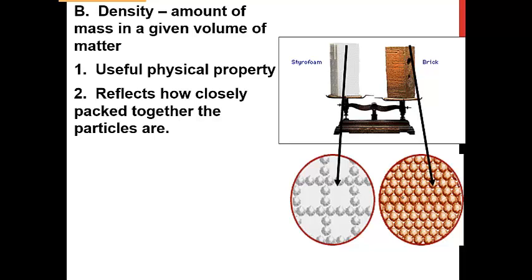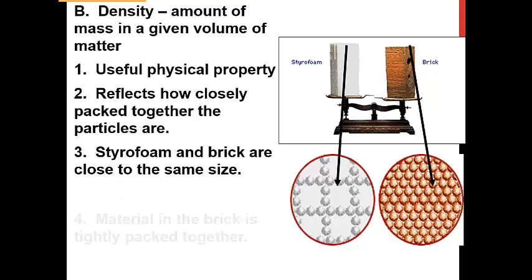Whereas in the brick, the particles are very tightly packed together, held together much more closely, and so the brick has a higher mass compared to the volume, so the density is greater. Whereas the styrofoam has a smaller mass compared to the volume, and so the density is smaller.